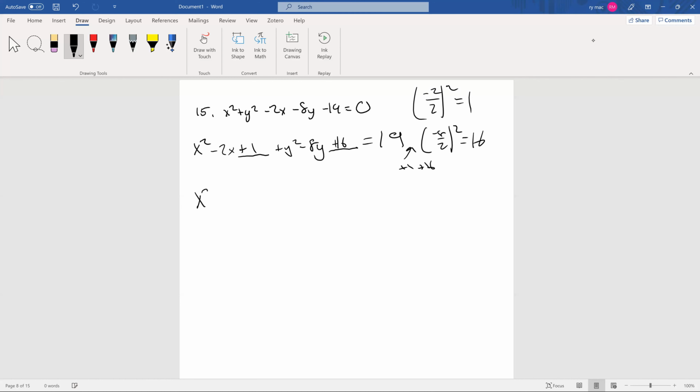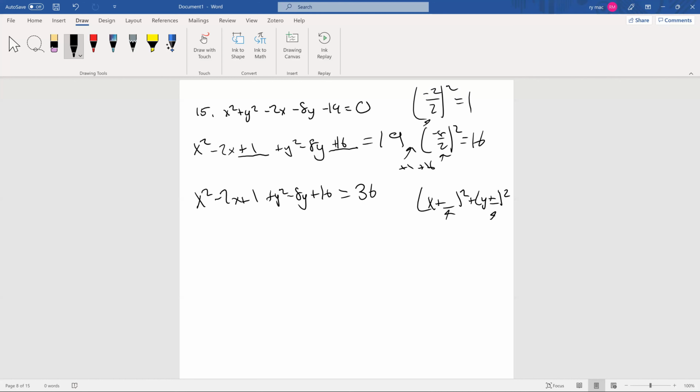So my new equation is x squared minus 2x plus 1 plus y squared minus 8y plus 16 is equal to, that ends up being 36. Now we factor these. What we're looking for is for it to look like the circle equation. If you forget what number goes here, take the answer to this: negative 2 divided by 2, that's negative 1.